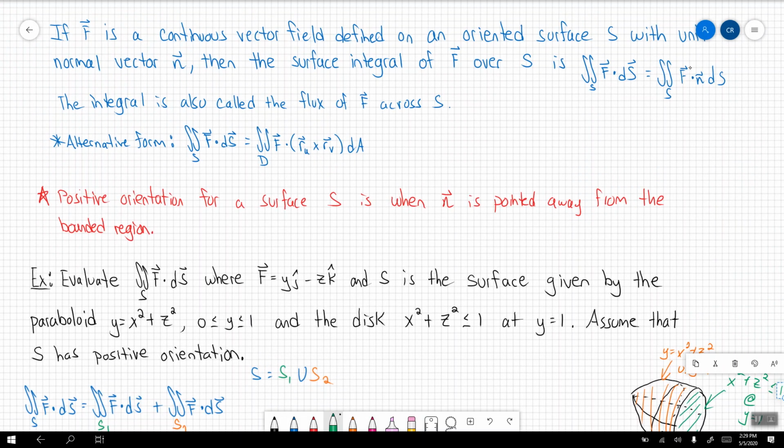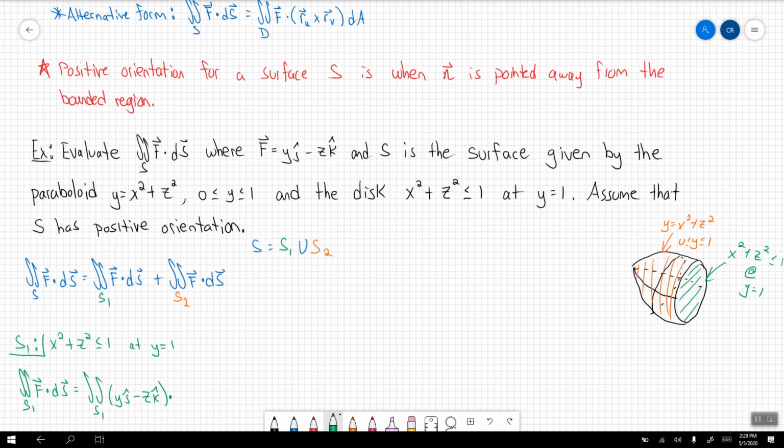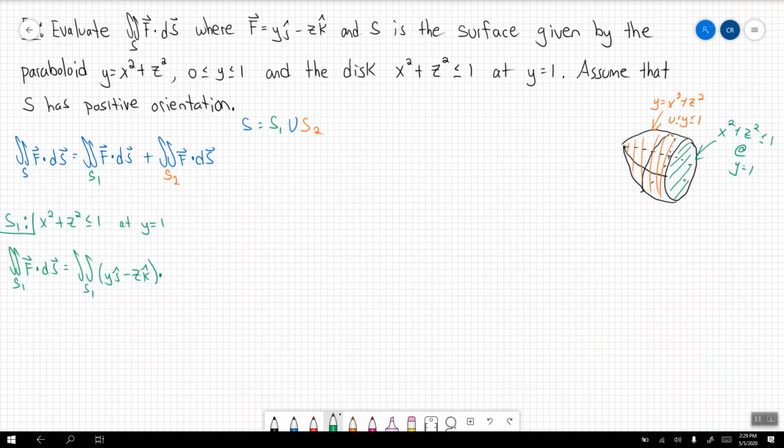So the surface is this green face, and its normal vector is just going to be pointed outward, perpendicular to it.